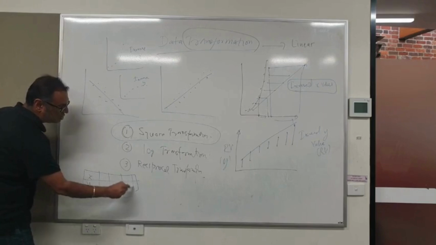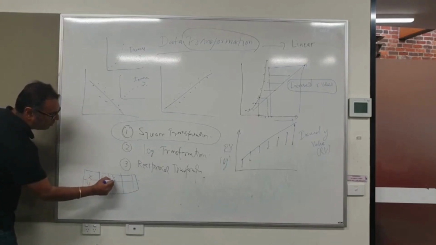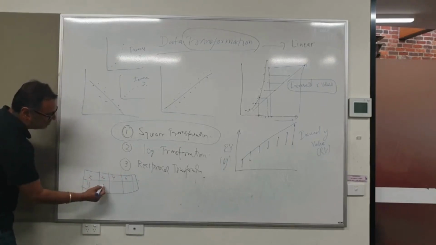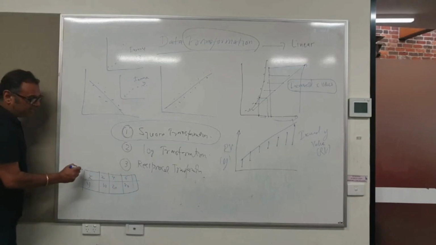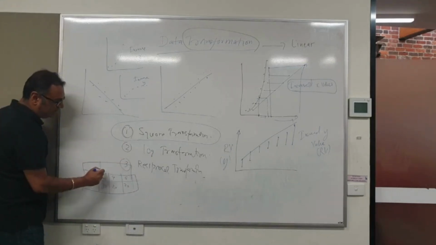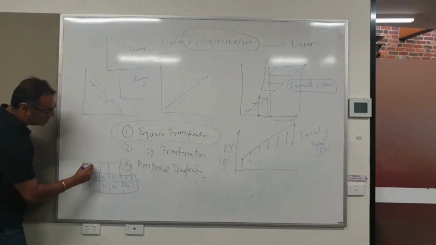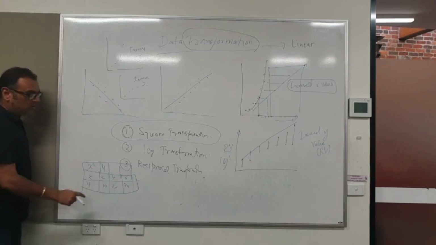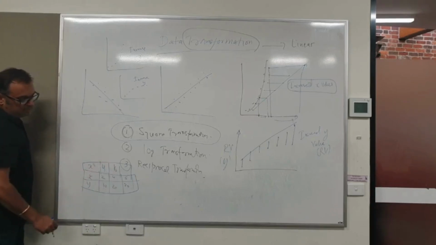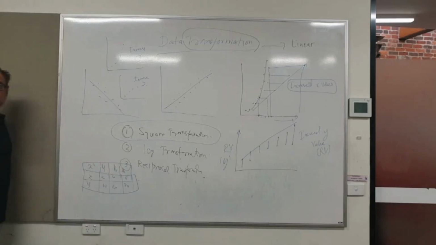Let's say this was 2, 4, 6, and you had like 10, 20, 30. How do you increase the X? What you do is you square them. You say X square. 2 becomes 4. 4 becomes 16. 6 becomes 36.